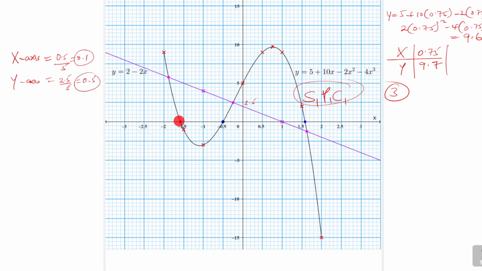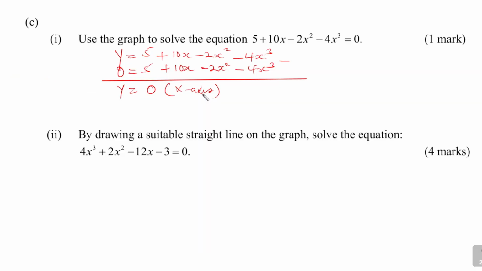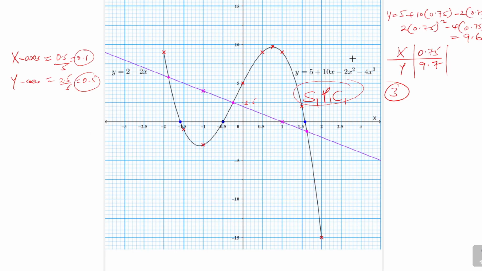So this is one point, the other point, and the other point. So this will be the solution. You read these. This will be the first solution here. You read this value that is here. So this will be negative 1.6. So that is the first value that you require. So x will be negative 1.6. And then we read the other one. The other one is here.